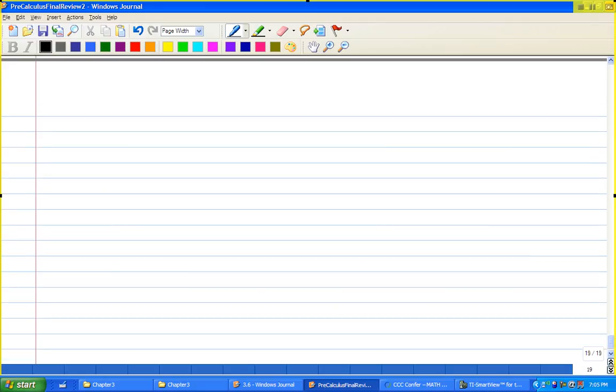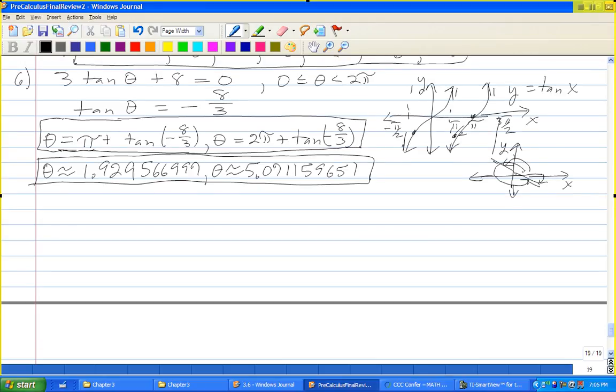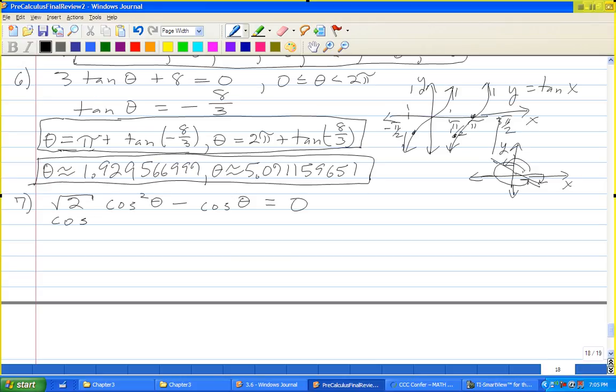Seven. Solve rad 2 cosine squared minus cosine theta equals 0. So I have cosine theta, rad 2 cosine theta minus 1 is 0.